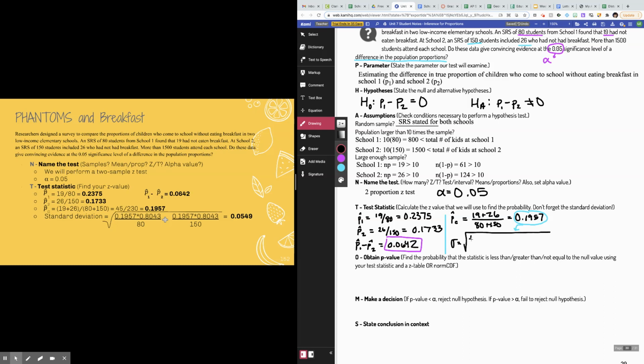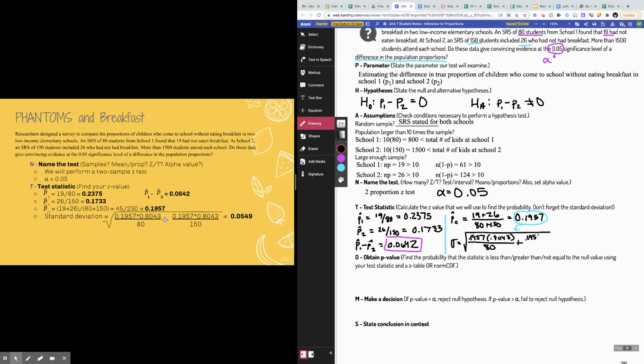So I have my pooled proportion, 0.1957, times 1 minus that, which is 0.8043. I'm going to have the same thing in the numerator for both of my fractions inside the standard deviation. But for this one, because it's school number 1, the number on the bottom is 80 because that's the sample size.